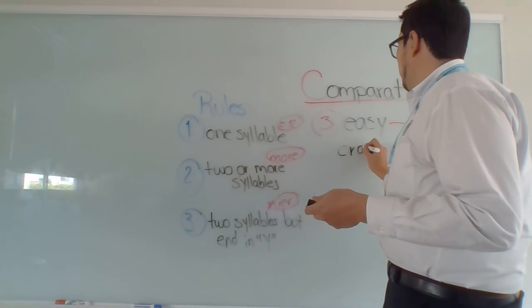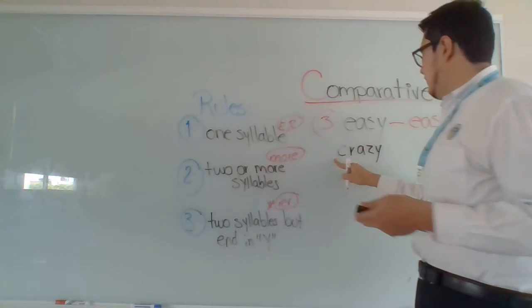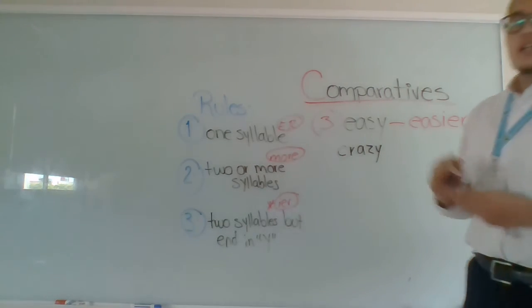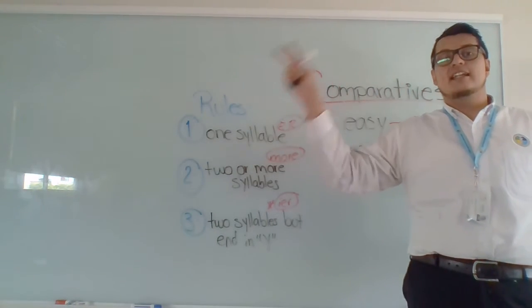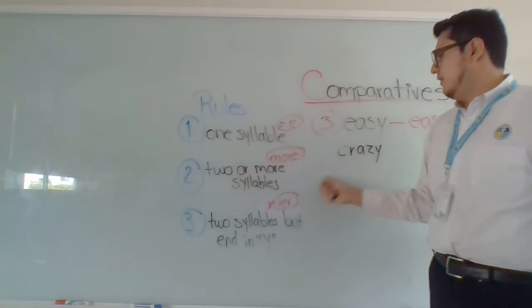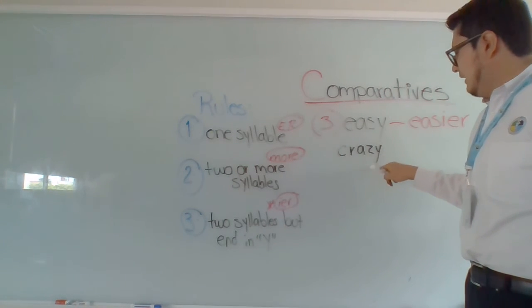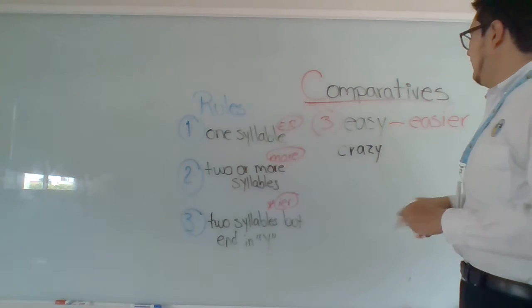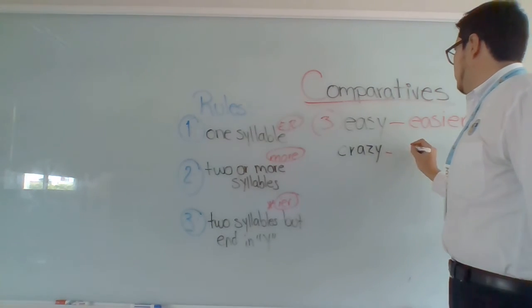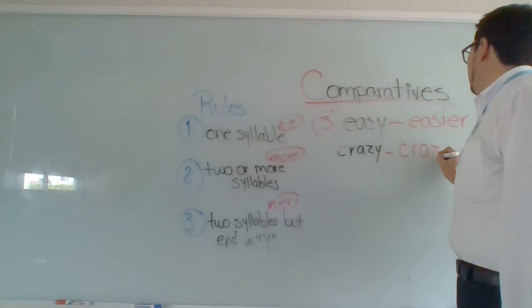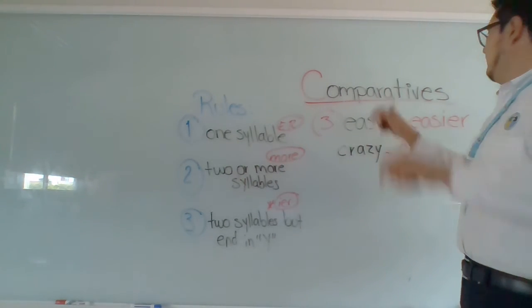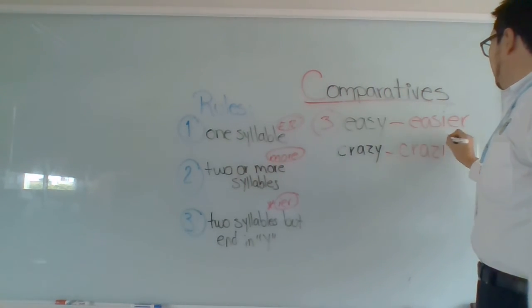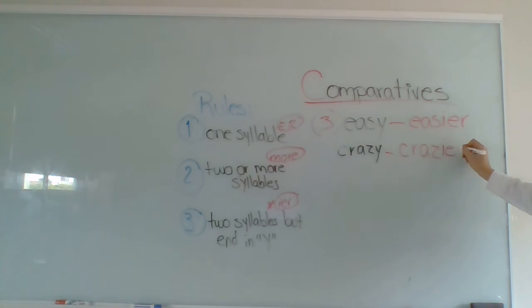Another example, crazy. 2 syllables, right? Crazy. 2 syllables, but the last letter is Y. So we do this one more time. This Y, remove it, we add I, E, R.